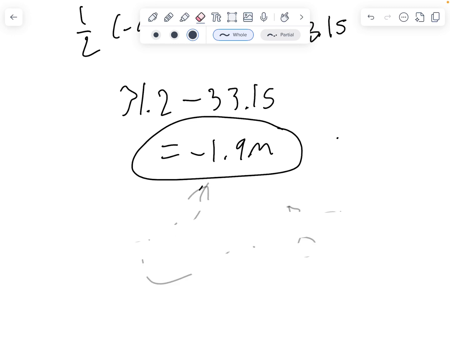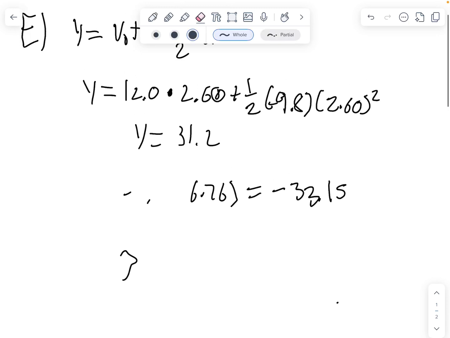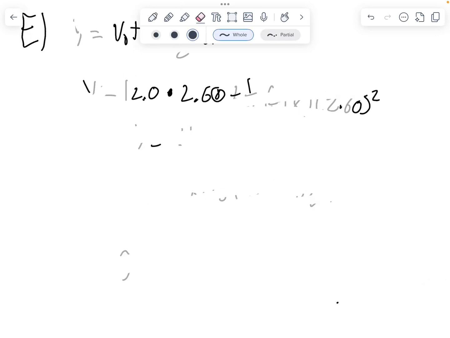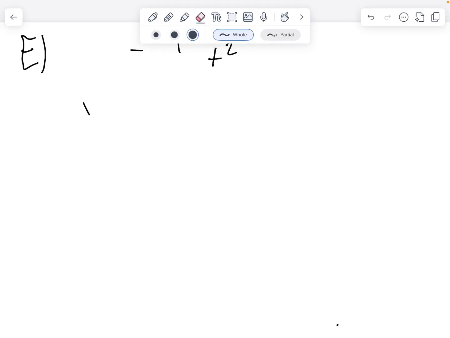So for our next one, it will be part G, my bad, we just did part F. Part G will be find the y component of the ball's velocity 2.6 seconds after it leaves your hand.